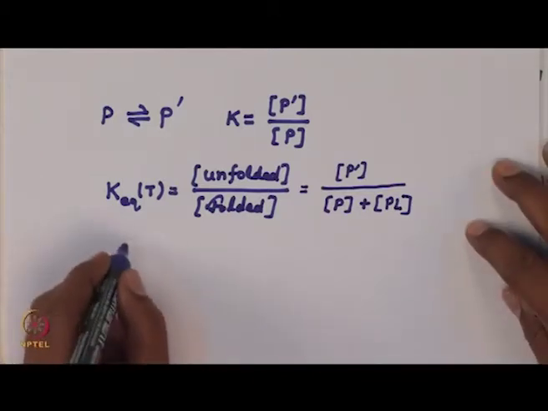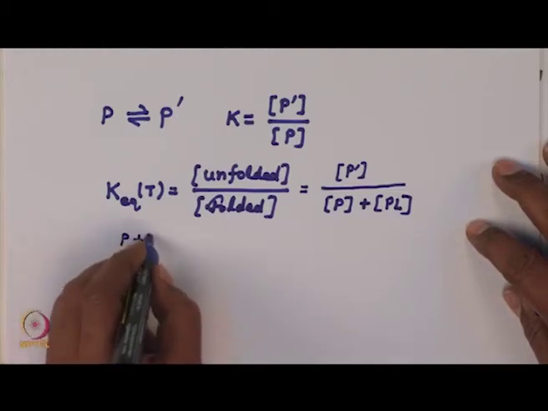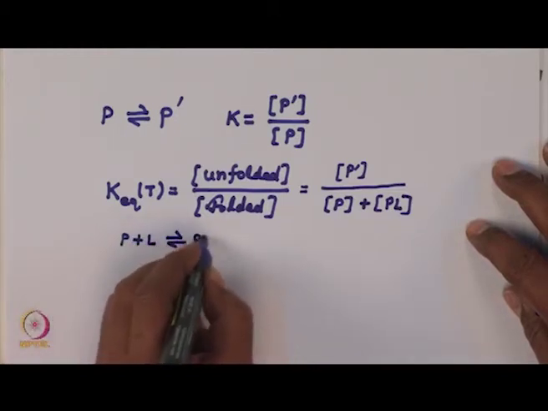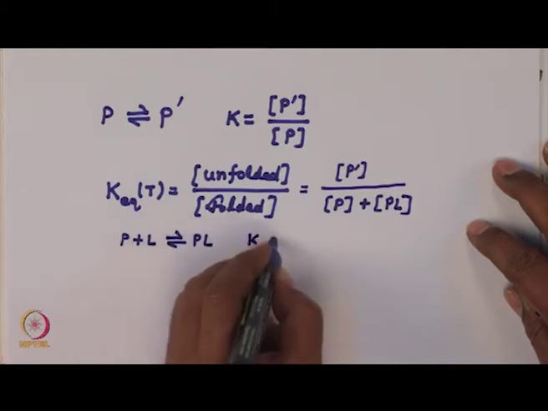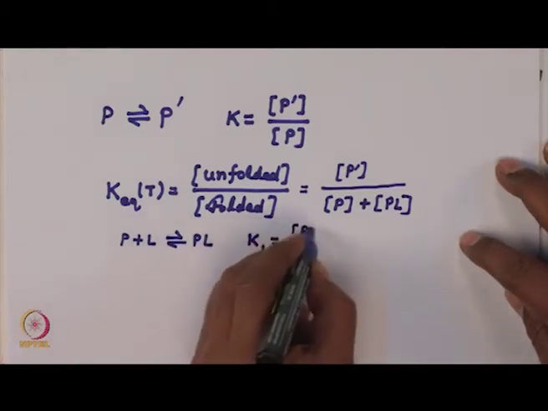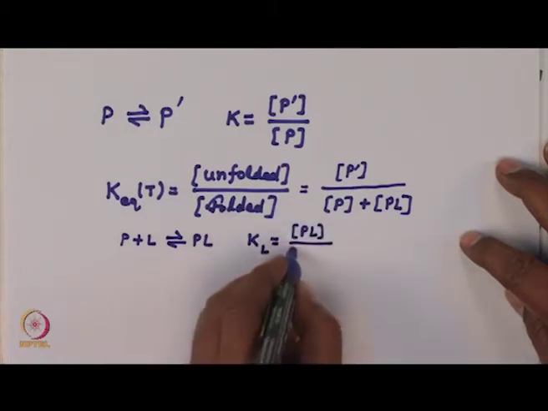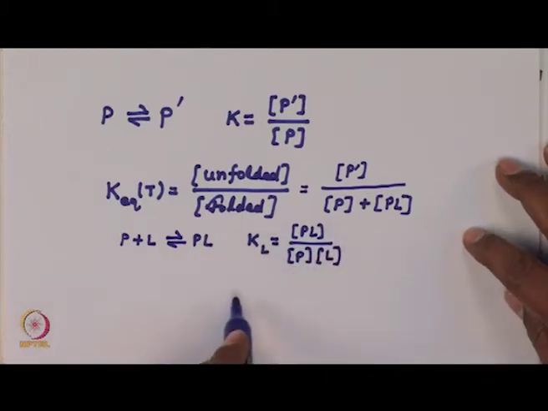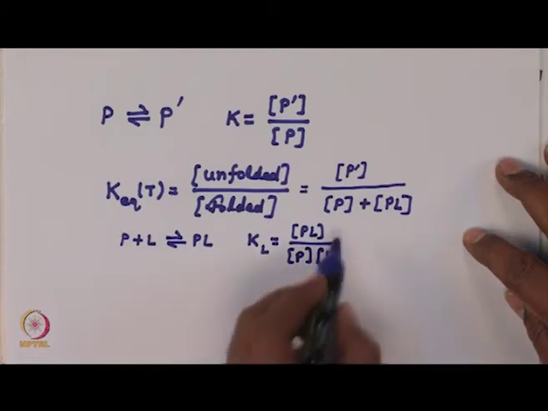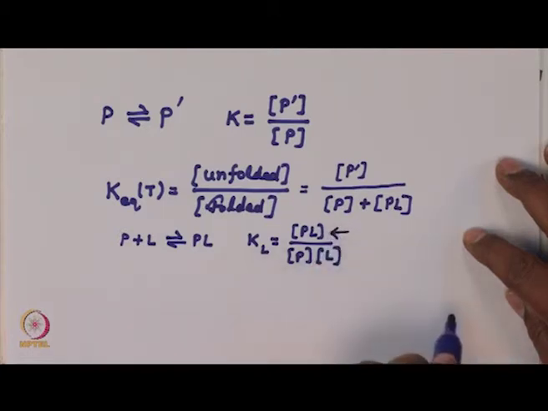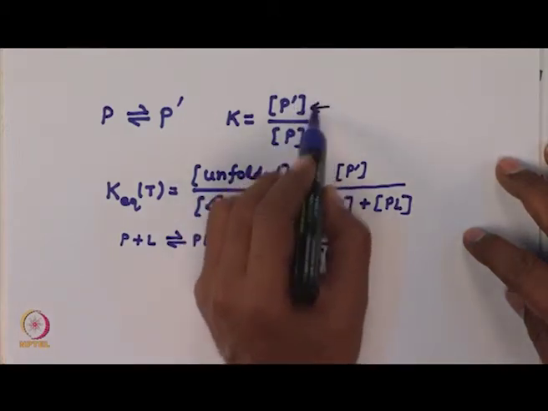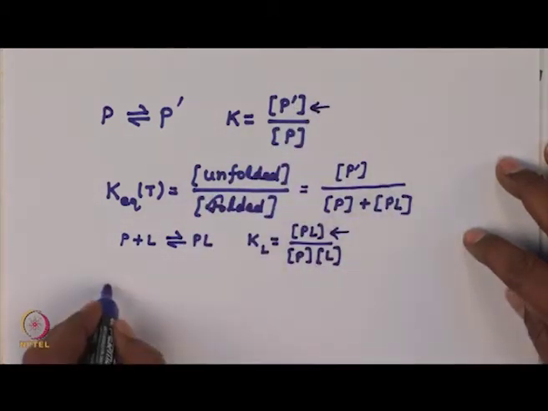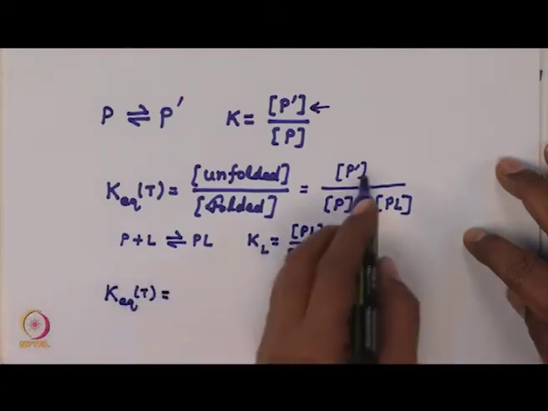Now you see, P plus L, when they are forming PL, your KL is defined as the concentration of PL over the concentration of P into the concentration of L. So now what I will do is, I will choose PL from here, P prime from here, and substitute in this. So what I have is K equilibrium at T is equal to P prime.